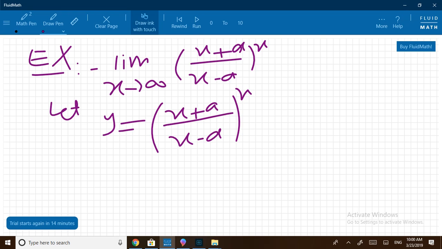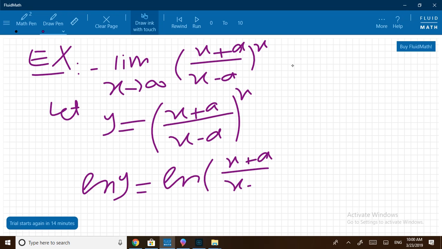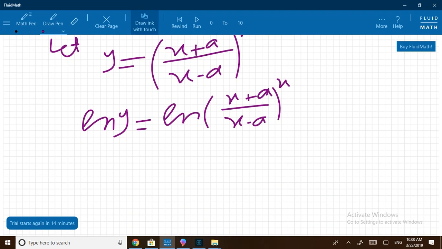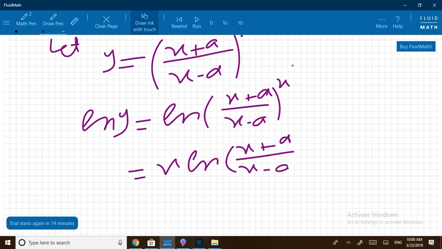Taking the natural log, natural log of y is equal to natural log of (x plus a divided by x minus a) raised to the power x, and this will be equal to x times natural log of (x plus a divided by x minus a).